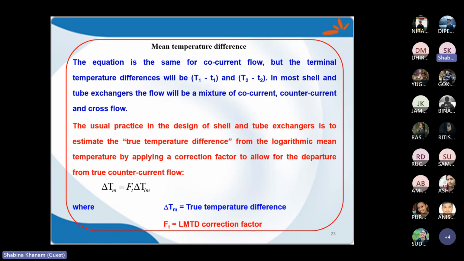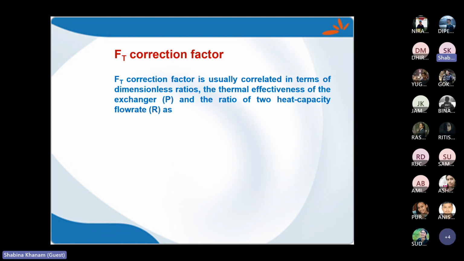However, the FT correction factor depends on other parameters also, so let's see what these parameters are. When we consider the FT correction factor, we usually define two different parameters, based on which FT will be counted. One parameter is the thermal effectiveness of the exchanger, that is capital P, and the second is the ratio of heat capacity flow rates.